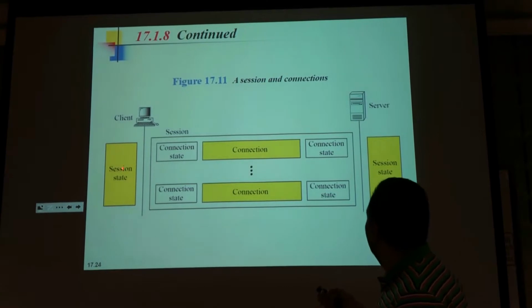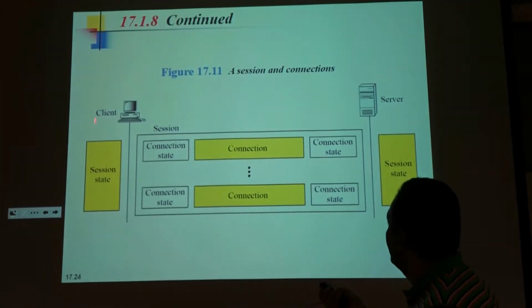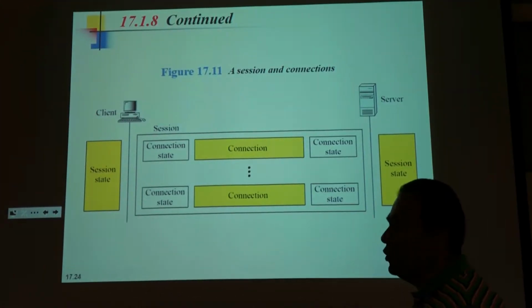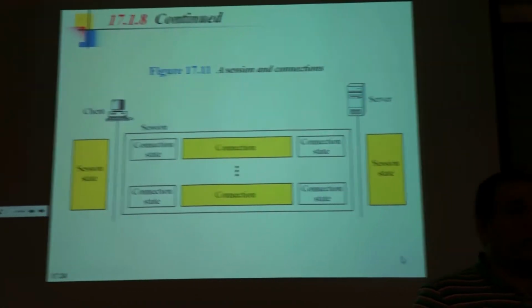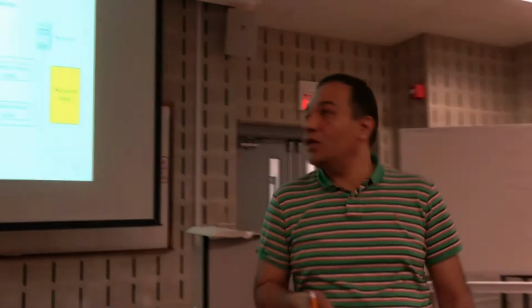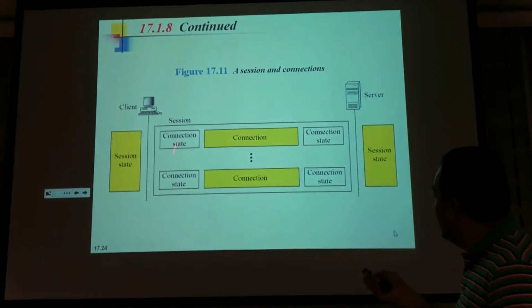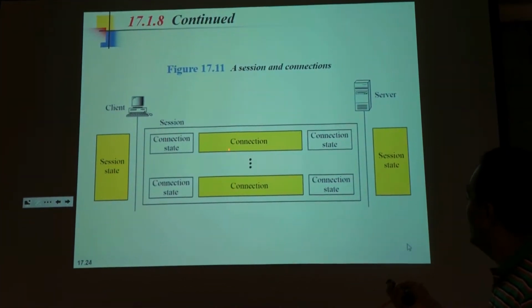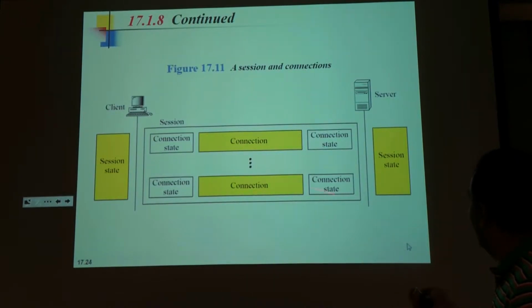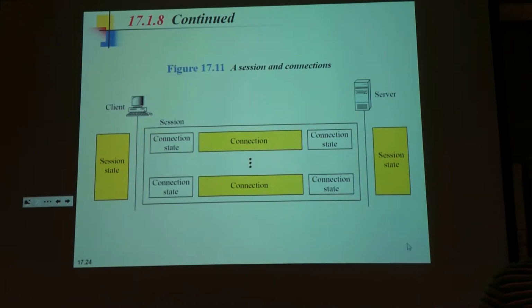So this is a session state to establish a session between a client and server. Session is between a client and server, it's a client-server application. Once you establish the session, you could have how many connections? Many connections. So you have connection, another connection, multiple connections. And the connection is like peer-to-peer. It's not the client server. All right.